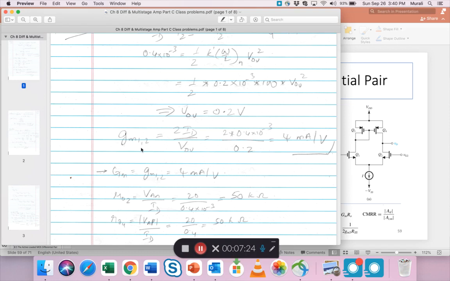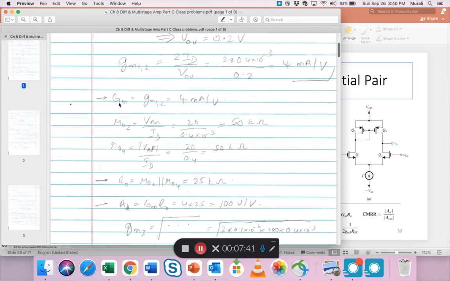Then gm1,2, when I write like this, gm1 comma 2, it means it applies to both 1 and 2 transistors. 2I_D by V_OV comes out to be 4 milliamps per volt. So we know from our formulas Gm is nothing but gm1,2, which is 4.